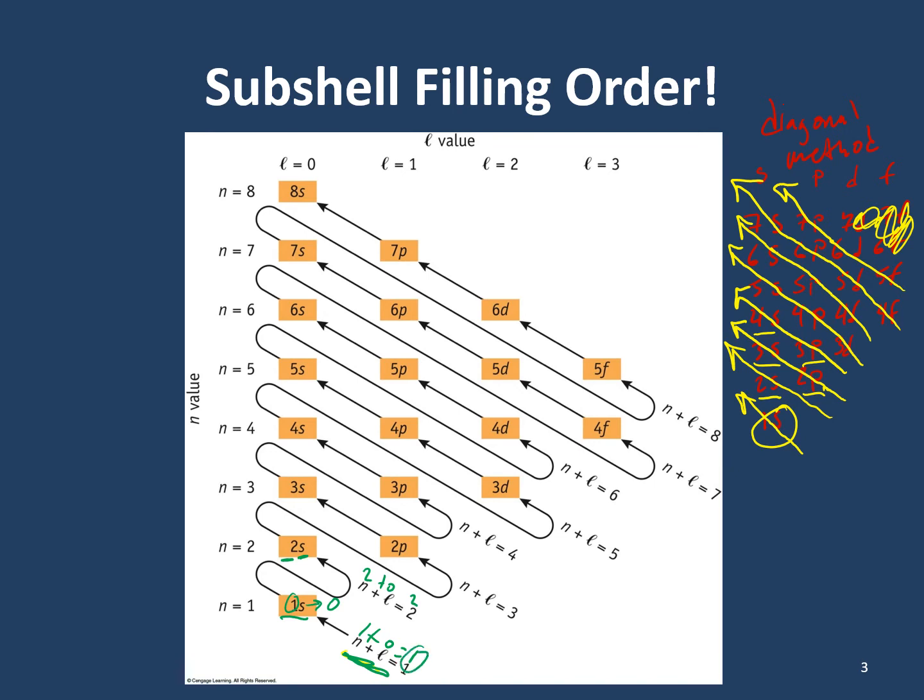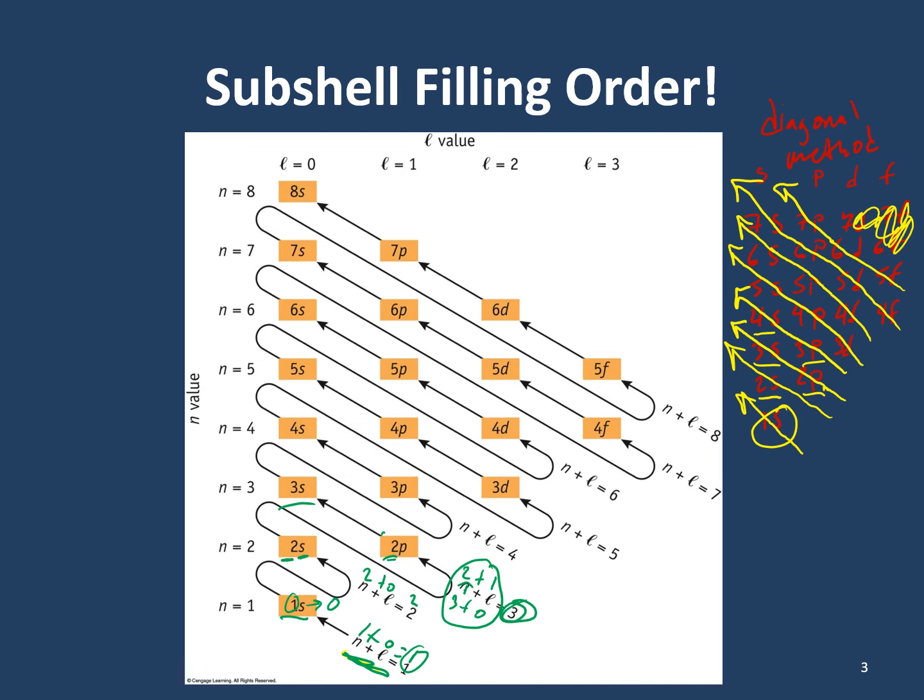So then we can compare 2p and 3s. For 2p, 2 plus 1 gives me 3. In the other case, 3 plus 0 still gives me 3. And we can keep doing this. Now, when we have a tie, like this scenario, we always go with the lower n value first.